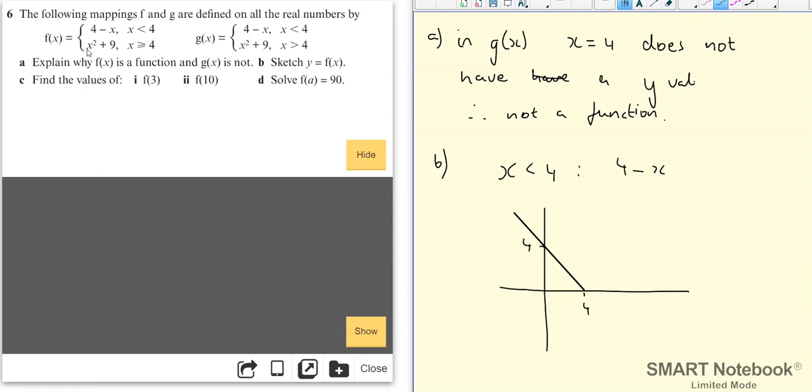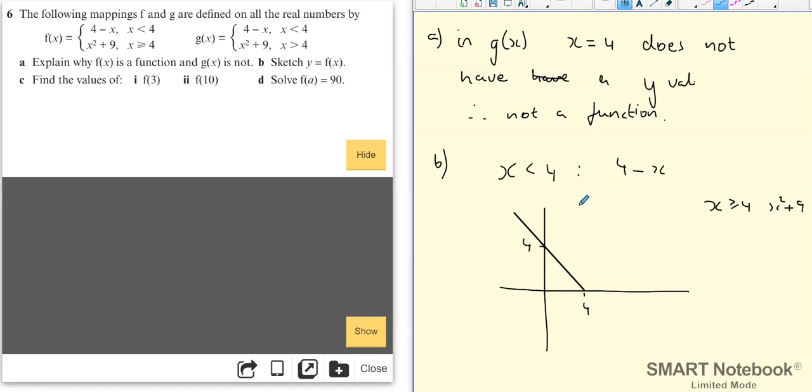Now we think about for x is greater than or equal to 4, the equation of the curve is x squared plus 9. So when it is 4, I get 4 squared is 16 plus 9 is 25.